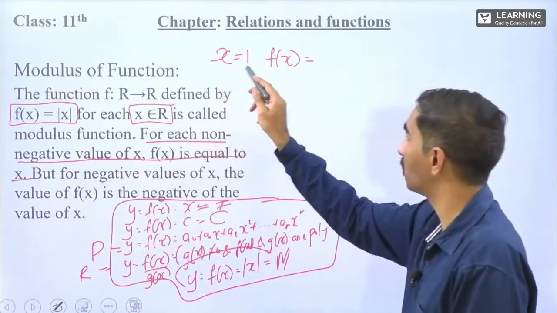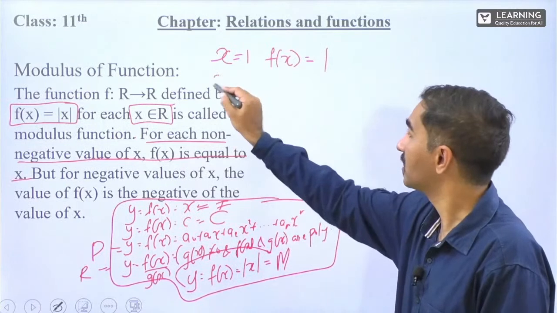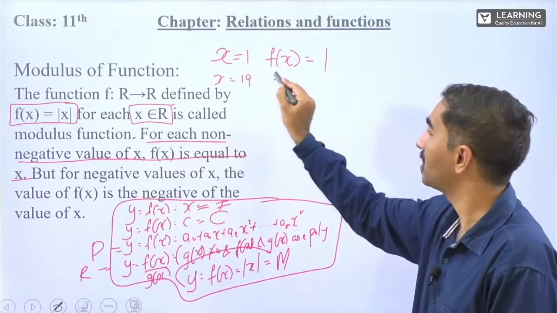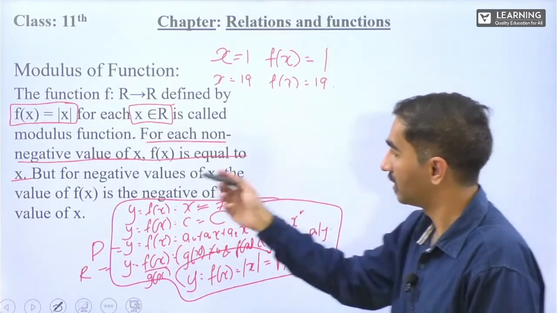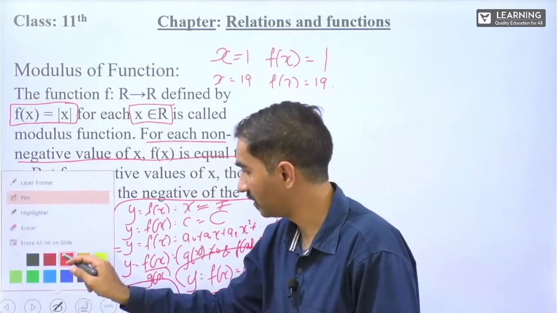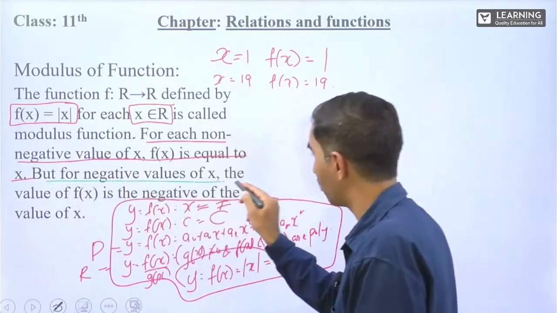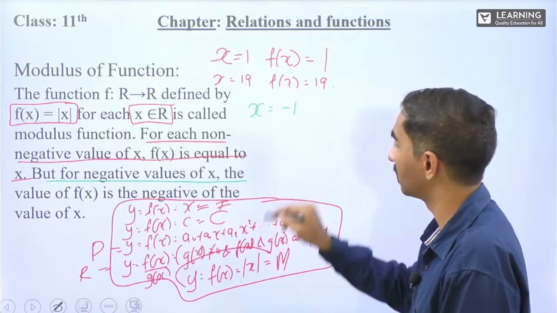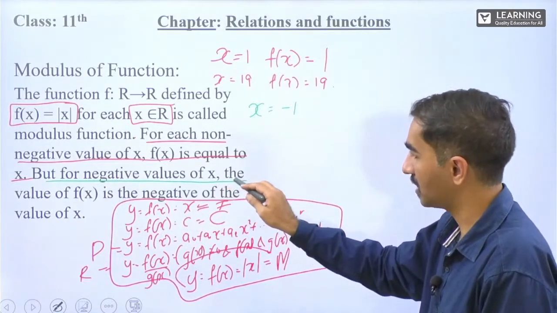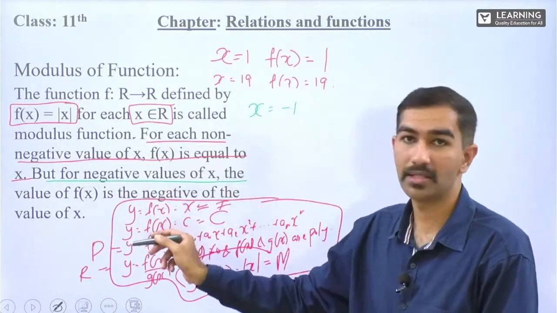If x = 1, what is f(x)? f(x) is also equal to 1. If x = 19, what is f(x)? f(x) is also equal to 19. Now see the next statement here. But for negative values of x, let us take x = -1. For negative values of x, the value of f(x) is the negative of the value of x.